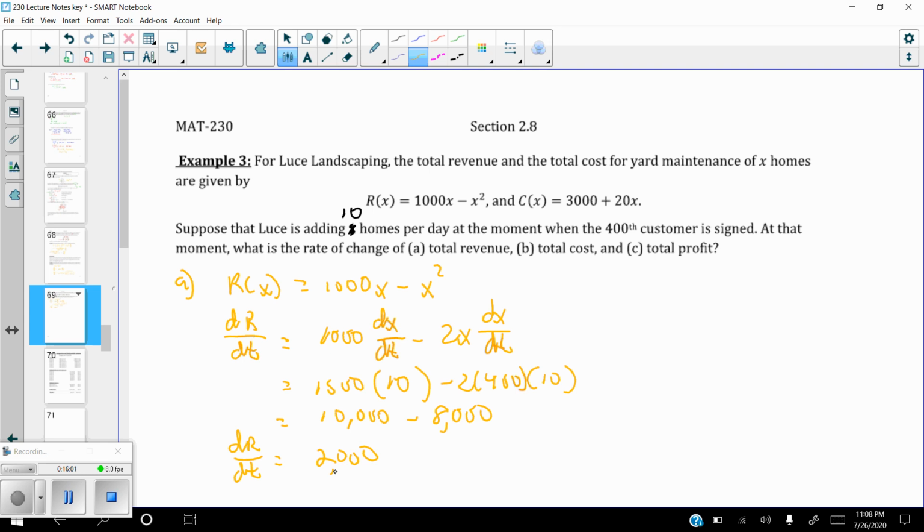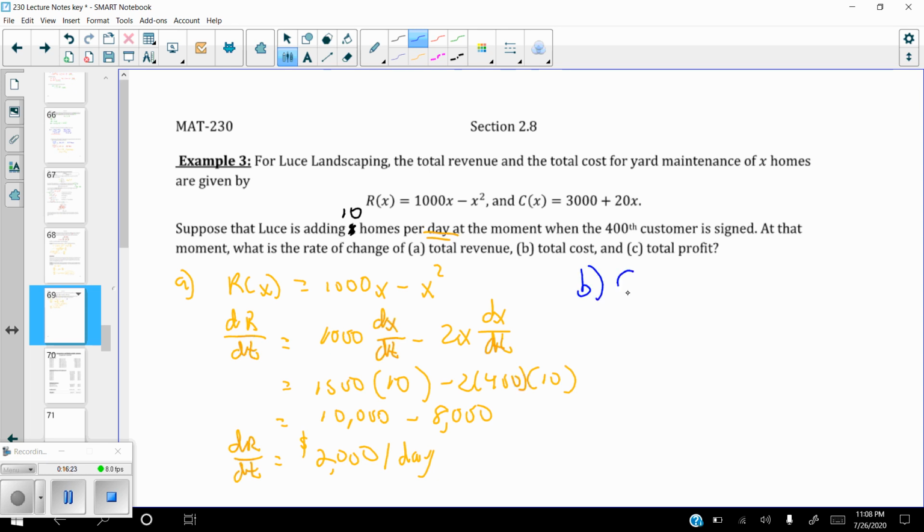And let's see, what are our units here? I think we're in days, so that's $2,000 per day. Yeah, per day. There's the day right there.